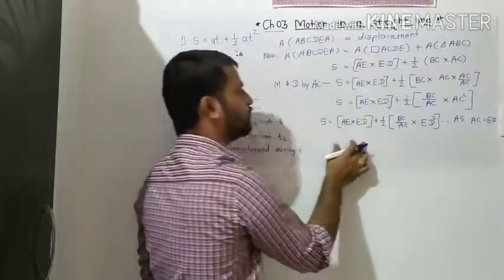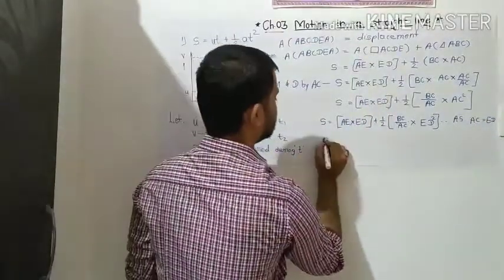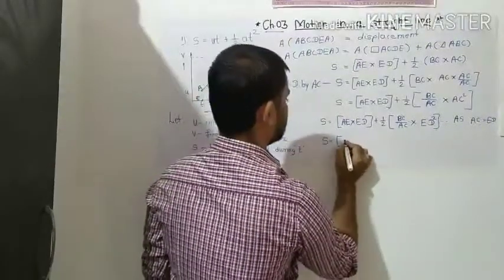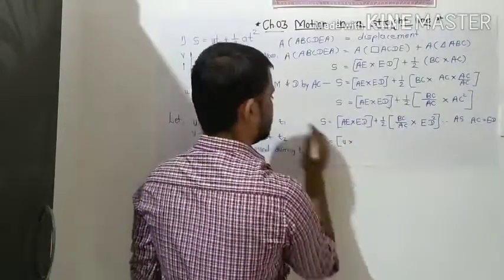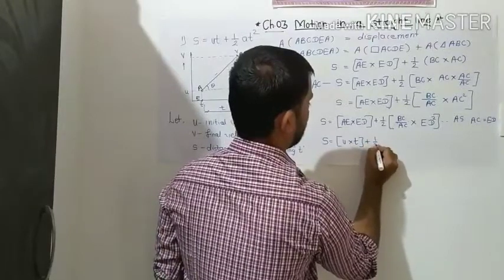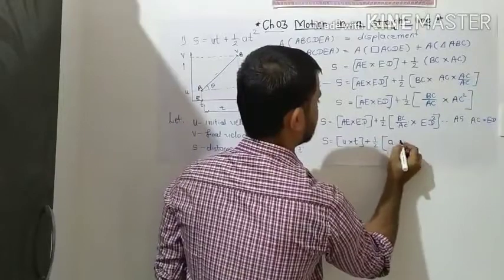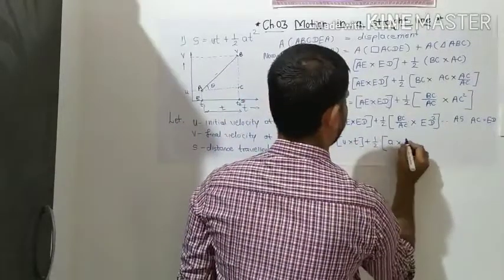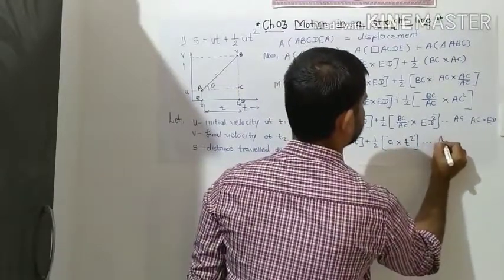So if we put down whatever the values we get from this graph, we will get S is equal to AE is nothing but the U into ED is nothing but the time period T plus 1/2 BC upon AC, which is the acceleration A, into ED square, the time period T squared.